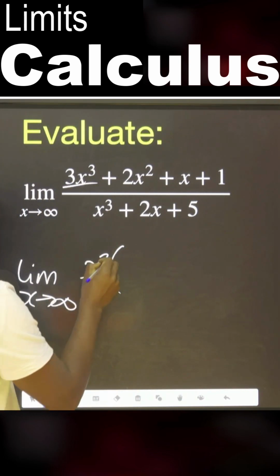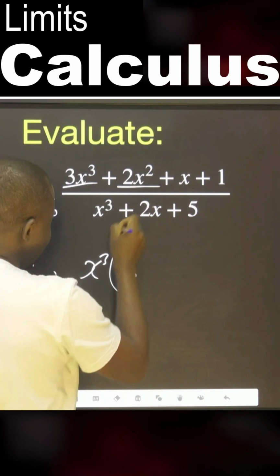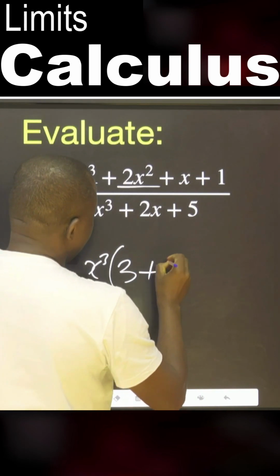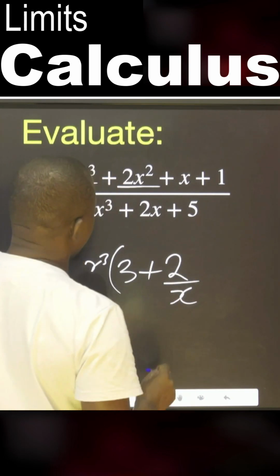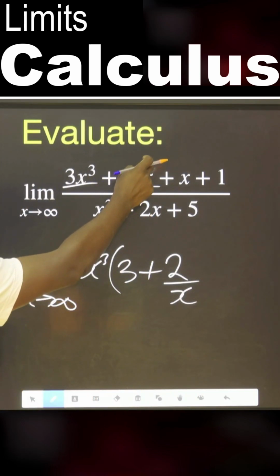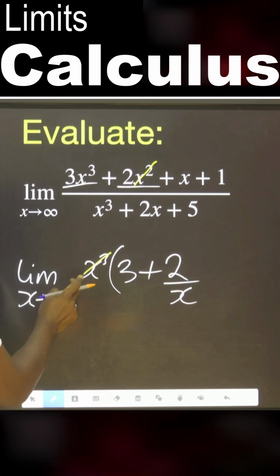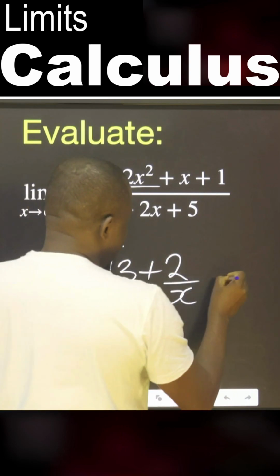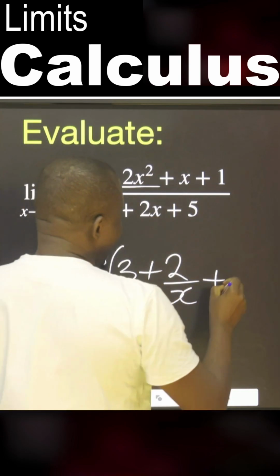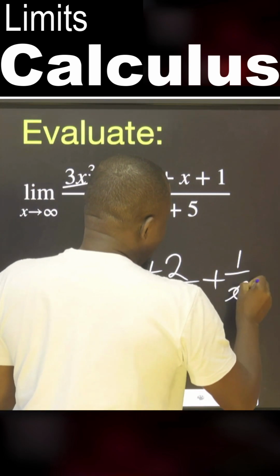This divided by this will give me 3. This divided by this will give me 2 over s, because as you can see, only this one will be divided by this, then it will remain x. If I divide this now, I'm going to have 1 over s squared.